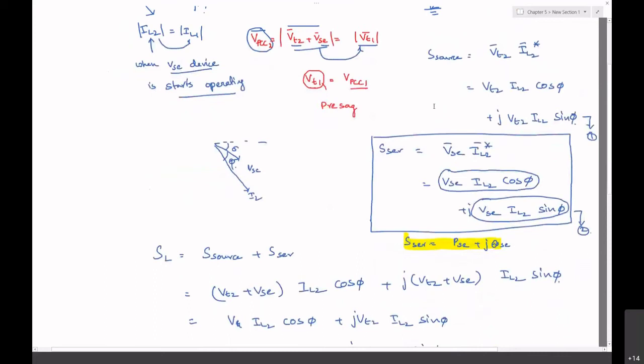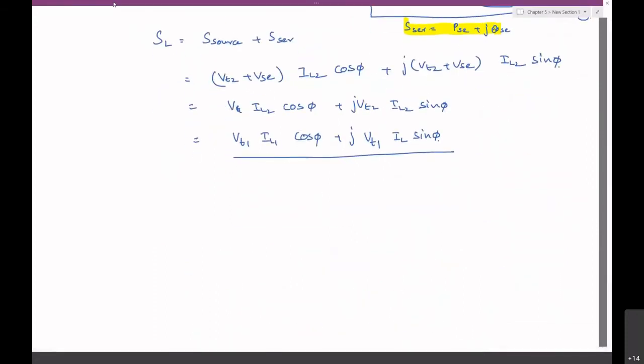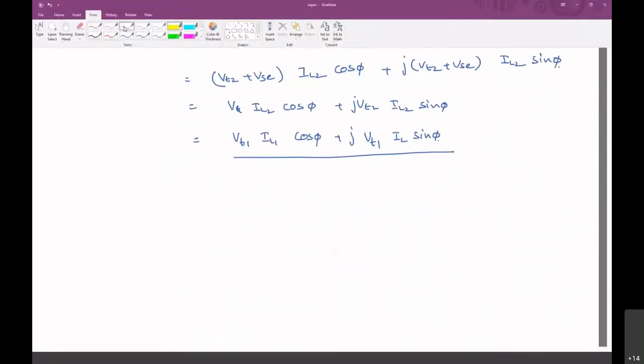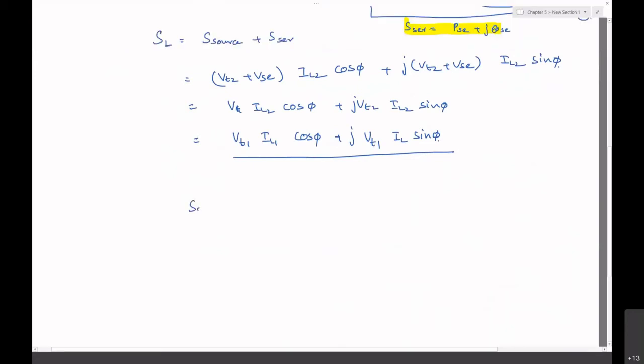When you look at this equation, the series active power filter is injecting some amount of real power into the system as well as reactive power.